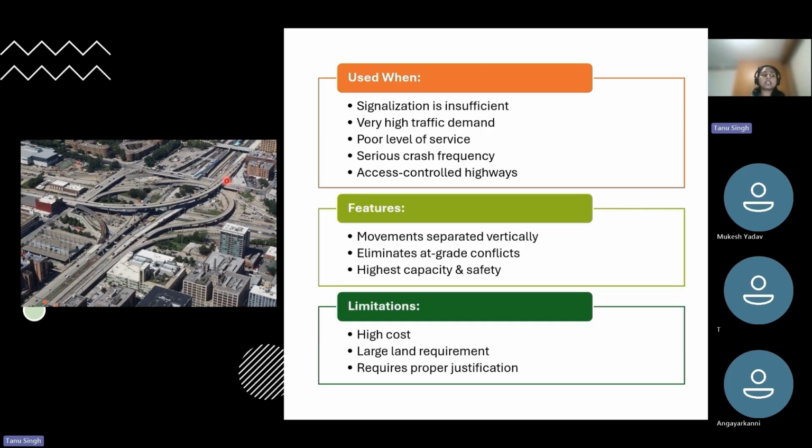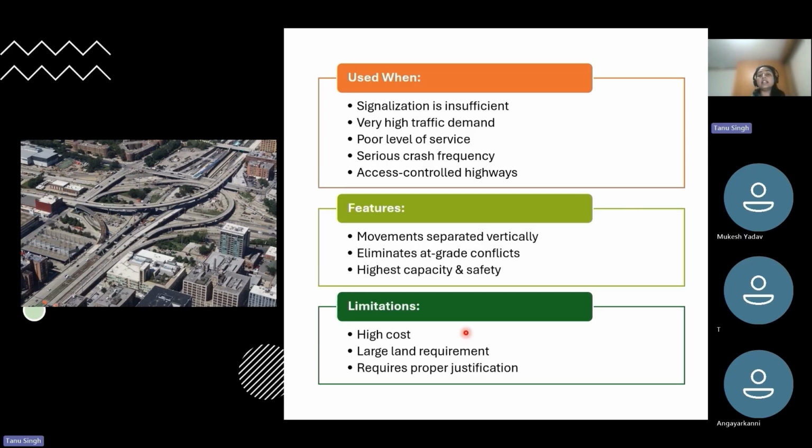However, it is expensive and requires a large land area. Therefore, grade separation must be properly justified. It is typically used on access-controlled highways, locations with very high traffic demand, or intersections with serious crash history. So it is always a stepwise improvement.